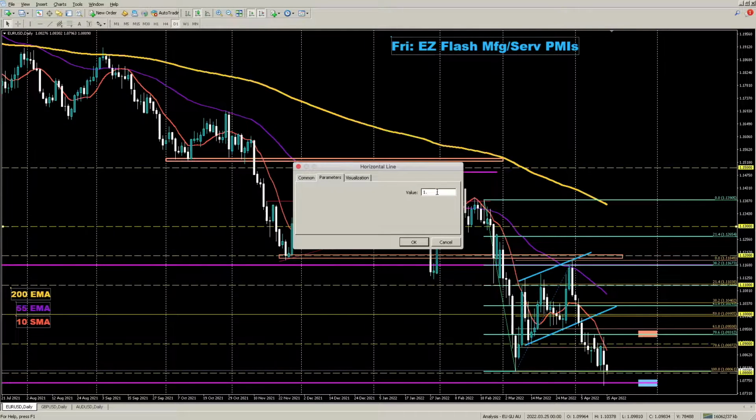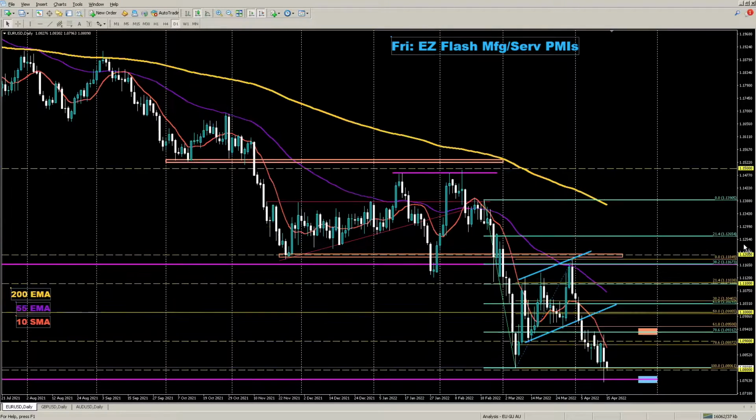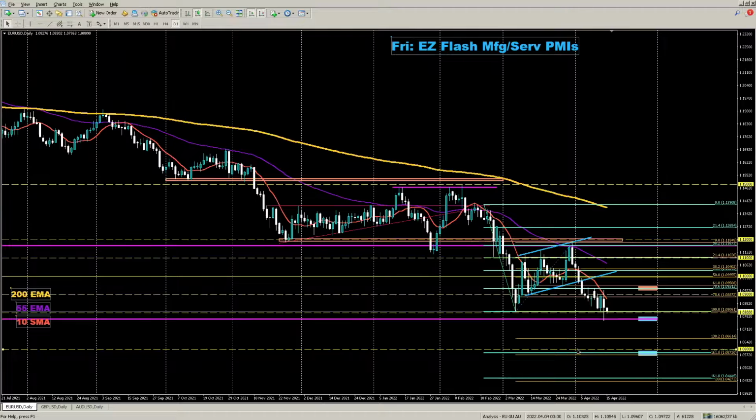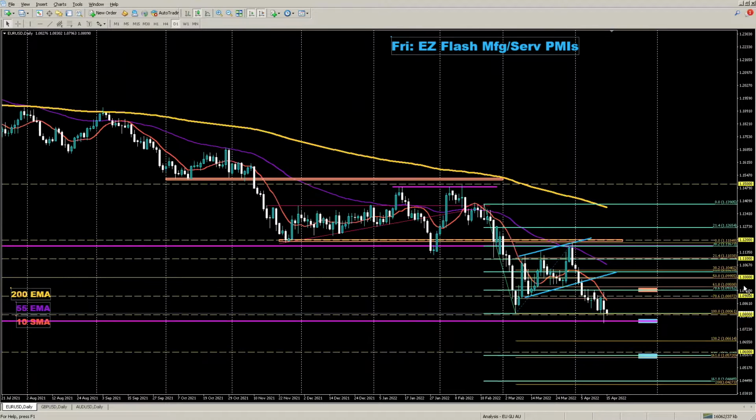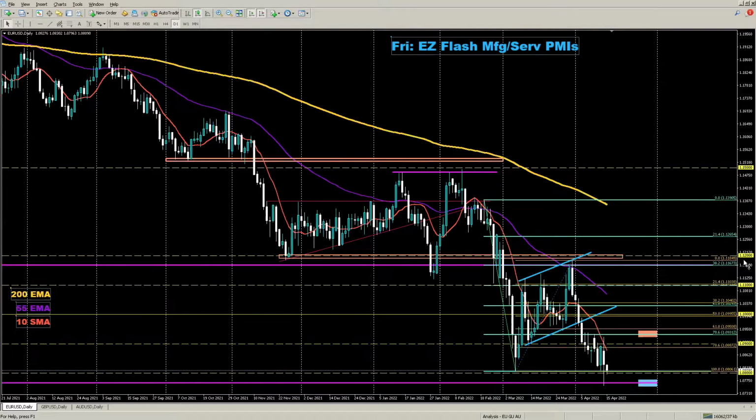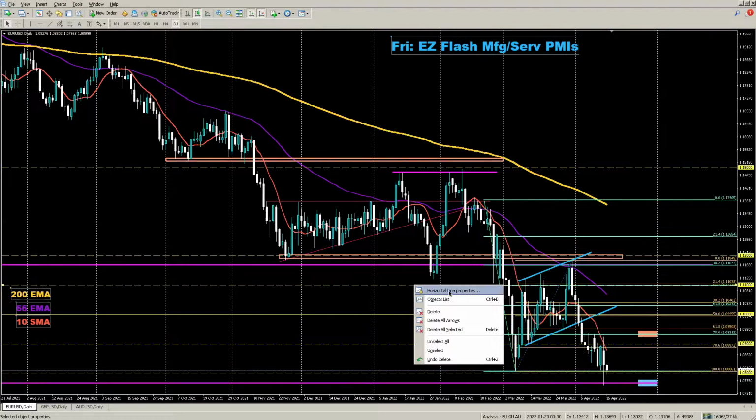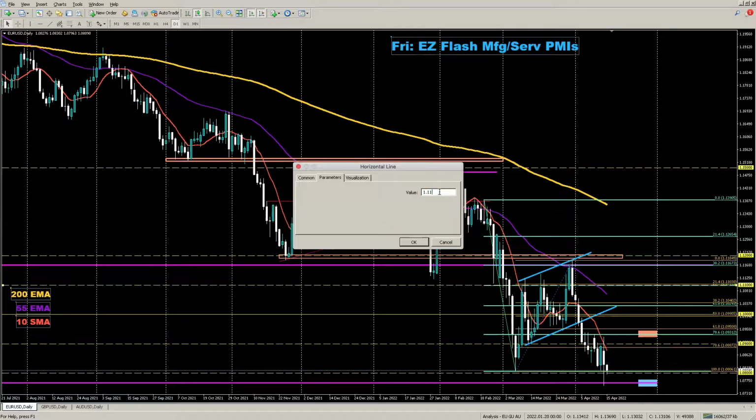Let's move this to 106, just above the support zone here. Let's also move this one here to 107.